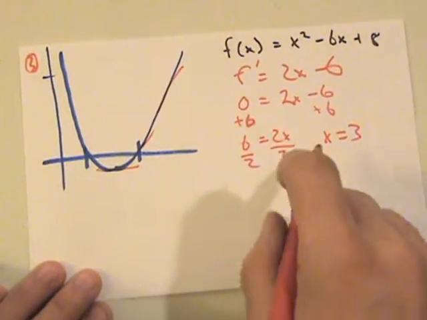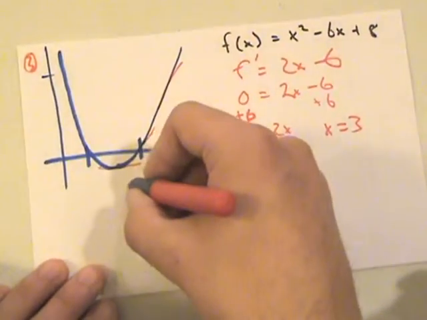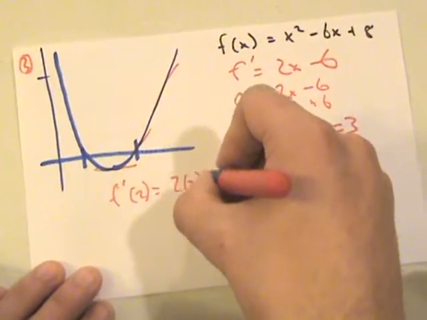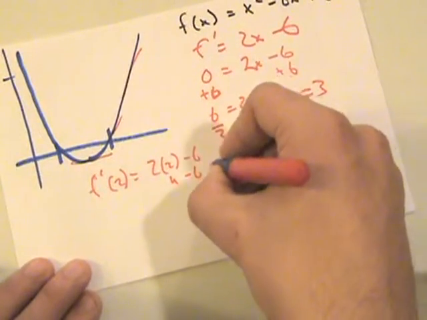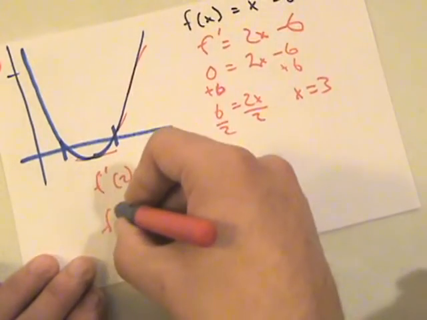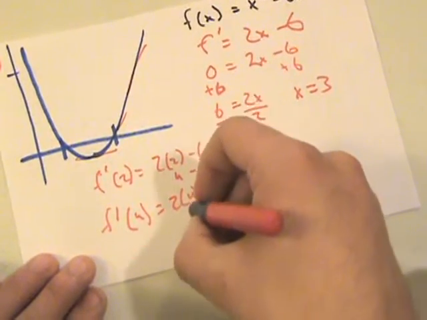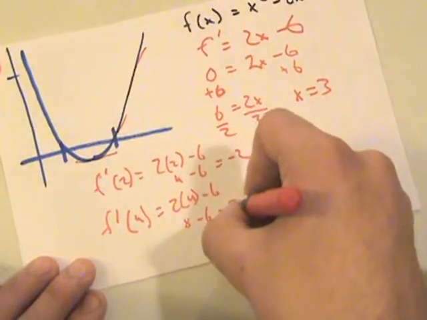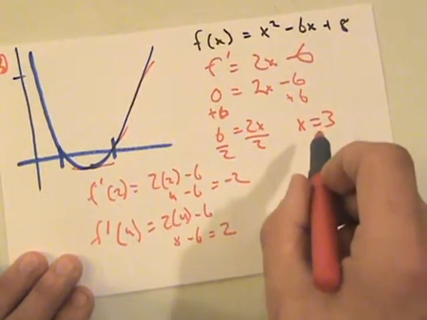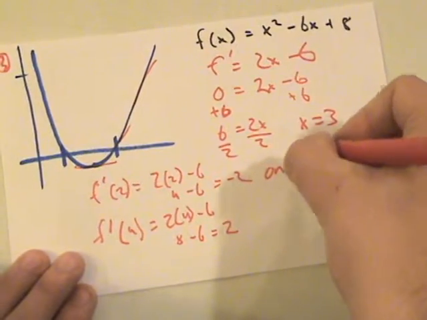So we're just going to plug in values on each side of 3. So plug in 2. Minus 6 equals, and then we'll plug in 4. What we figured out is that on the left side of 3 it is negative.